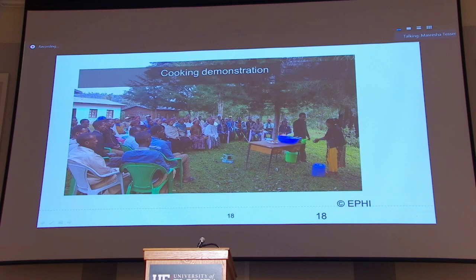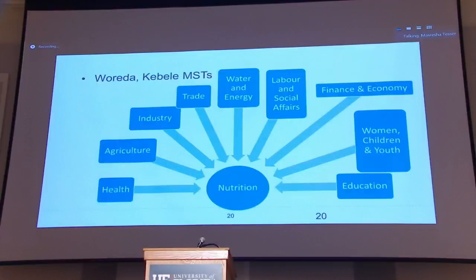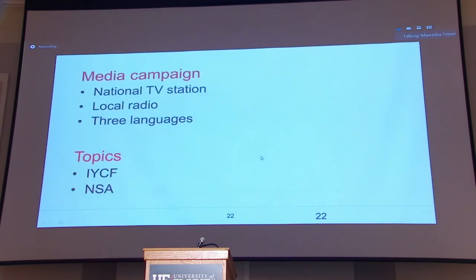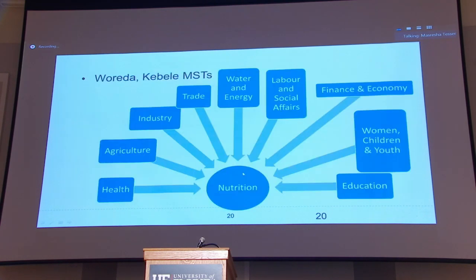And there is also multi-sectoral coordination at Woreda and Kebele, or village level, where Kebele is a village. This is composed of various sectors, including agriculture, health, trade, and other sectors at Woreda level. You see in the pictures how the multi-sectoral coordination has been conducted at Kebele levels.